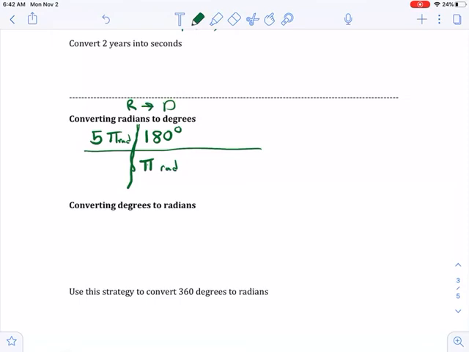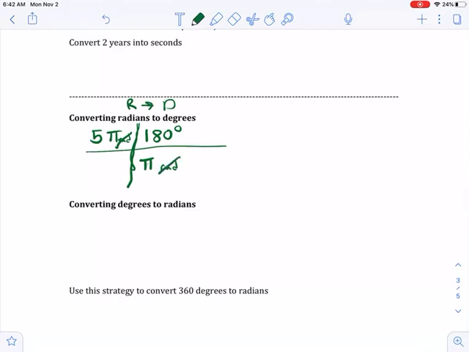Okay, so then if I look to cross all this off, I can see that I'm in degrees, so my radians are going to cross out. And I also notice here that, in this conversion, it's nice that my pi is also going to cancel out. So I just have 5 times 180. So I get 900 degrees.